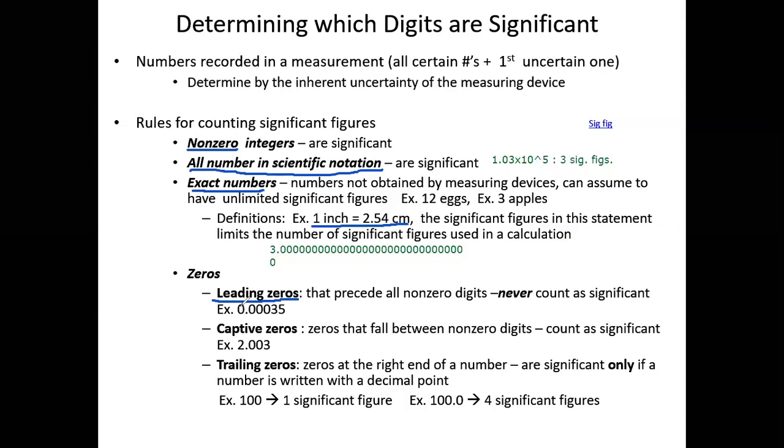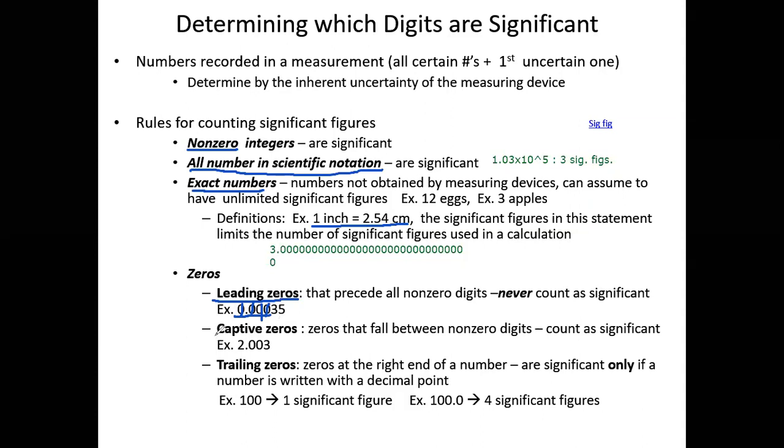So here, if we look at this number 0.0035, the zeros in front of the first non-zero number are not significant. So anytime you see a number less than 1, the zeros that precede the first non-zero number are not significant figures. You don't count them.